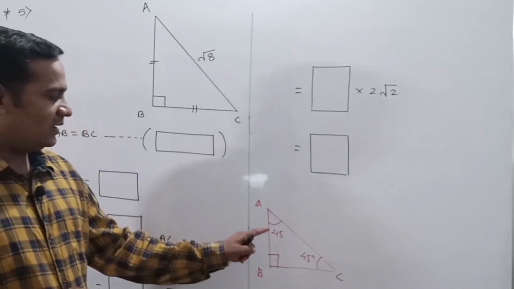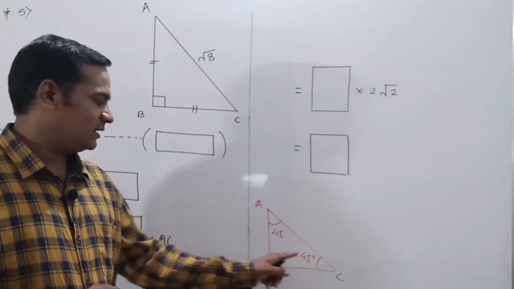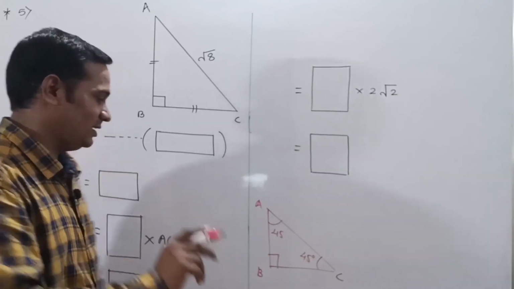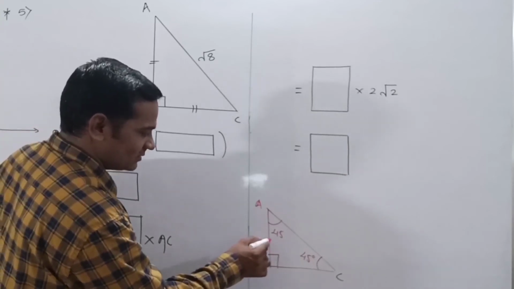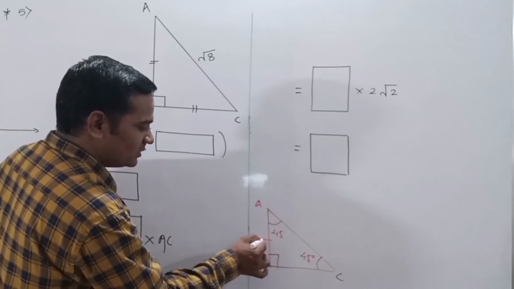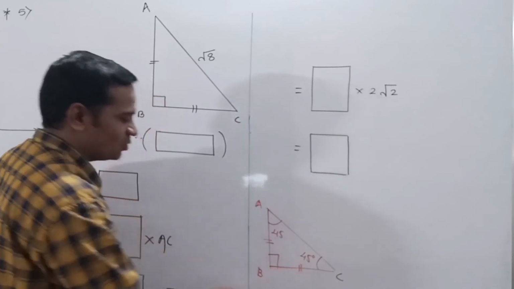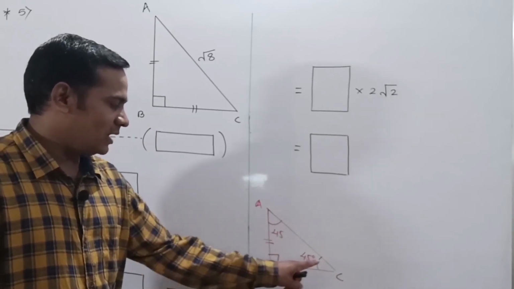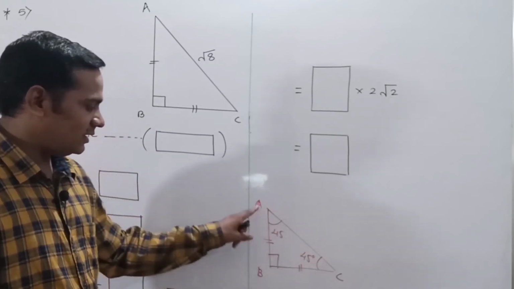Now look at this. In a 45-45-90 triangle, side opposite to 45 degrees. So which two sides are here? If these two angles are congruent, that means the opposite sides of those congruent angles are also congruent. The opposite side of angle A is BC, and the opposite side of angle C is AB.